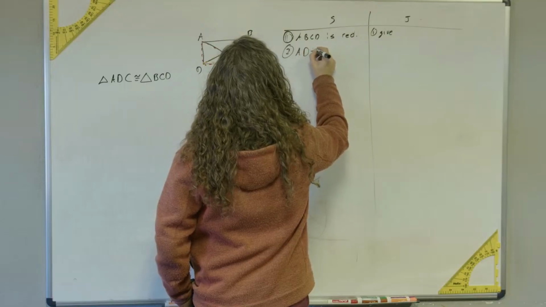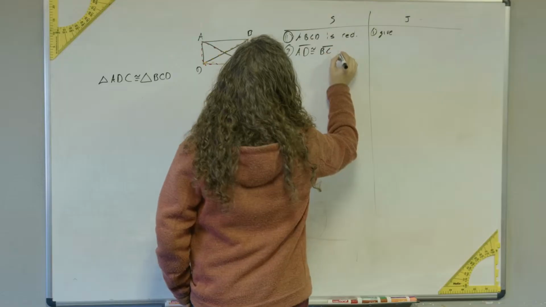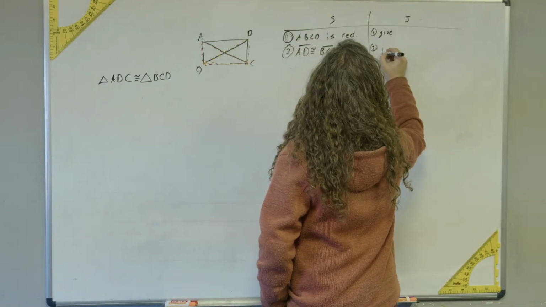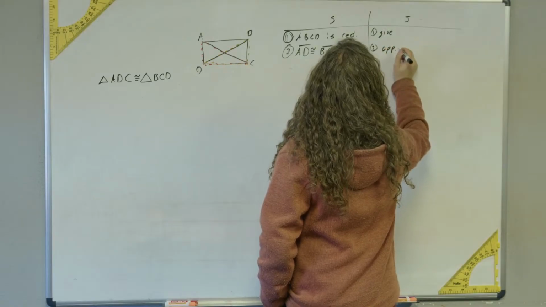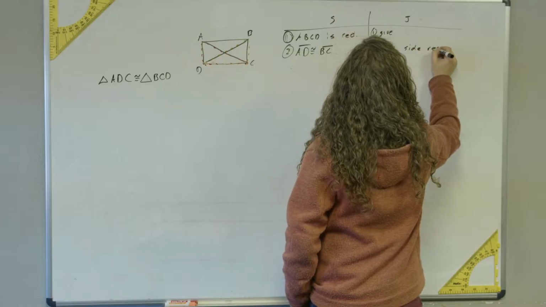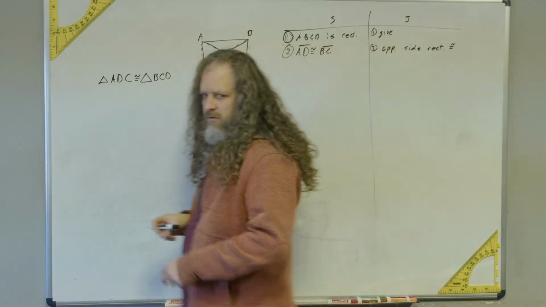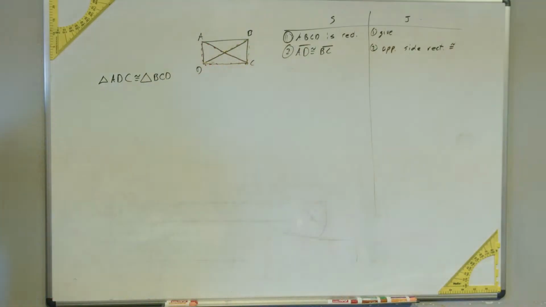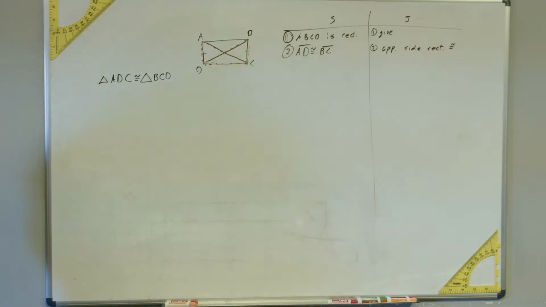AD is congruent to BC because opposite sides of a rectangle are congruent. Right? So we just said this is congruent to that. So we've got an S. What now?